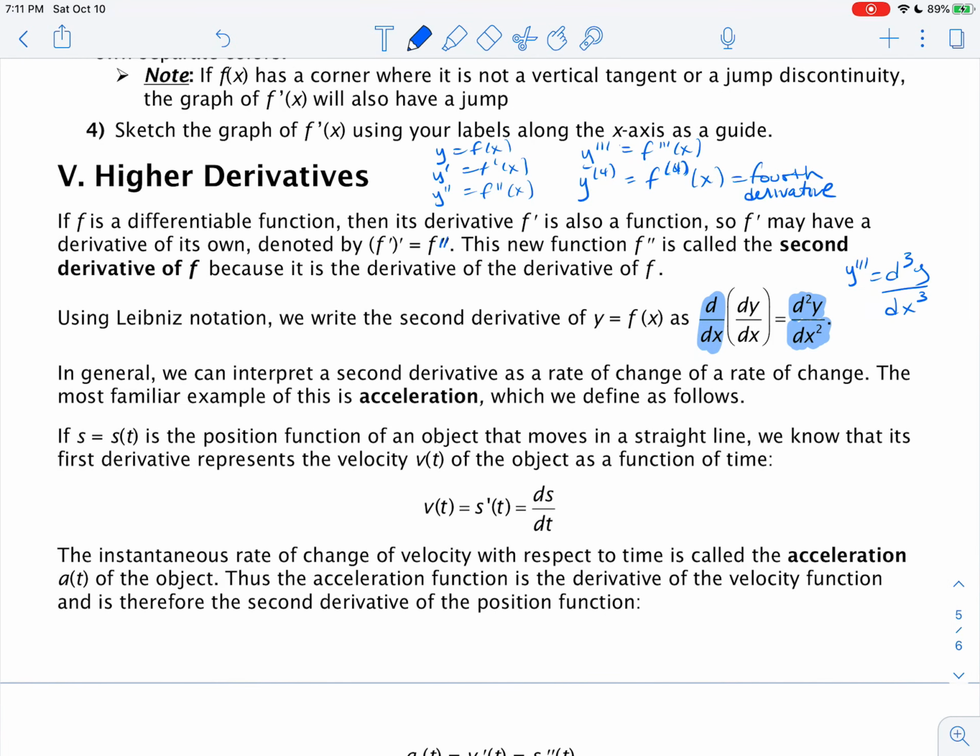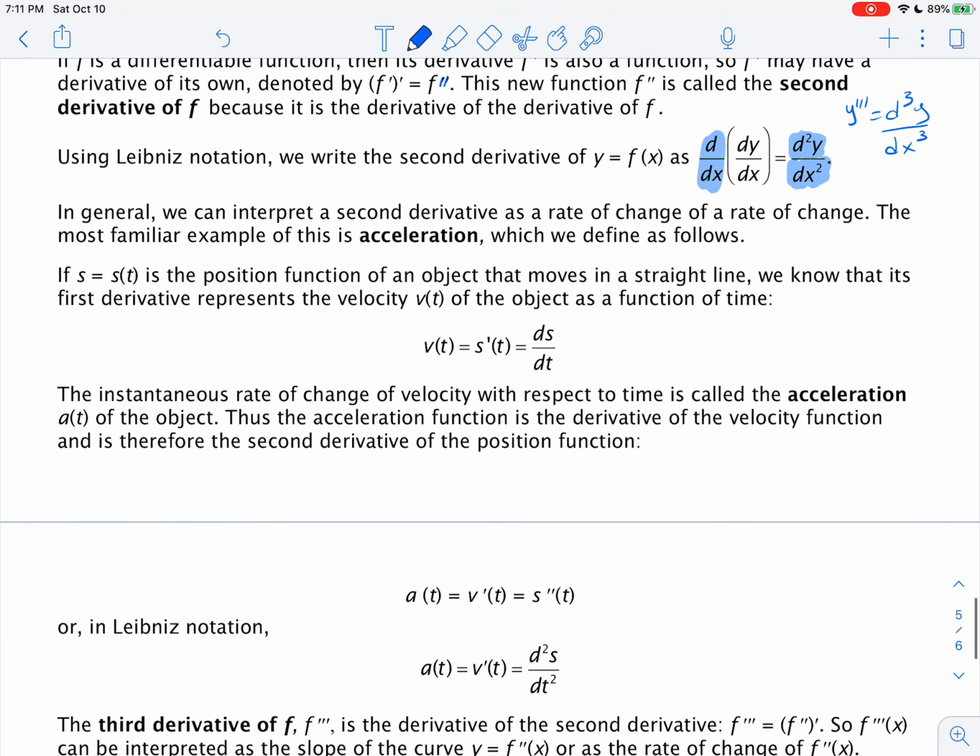We'll talk a lot about motion problems, and they do have nice applications. Okay, such as the position function. If s is equal to the position function s of t, that would give you a distance relative to the origin at time t.